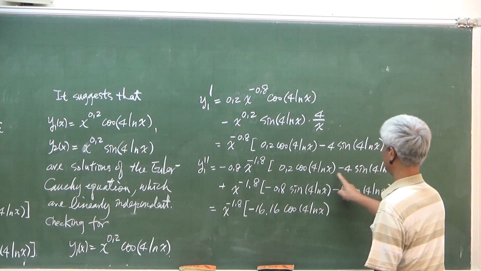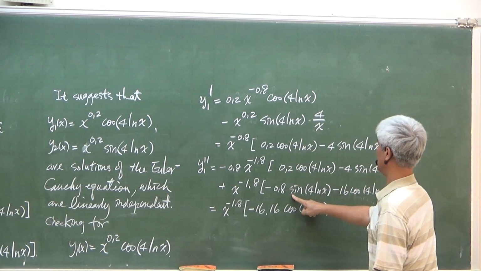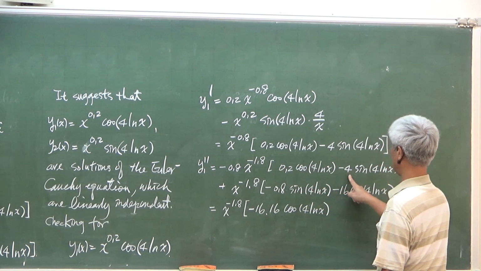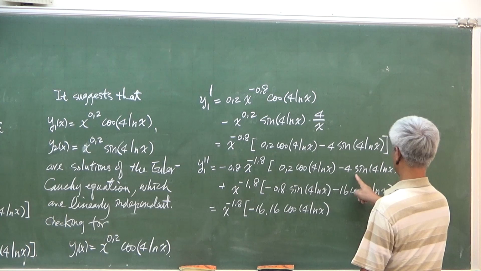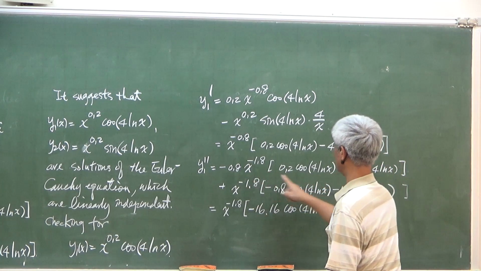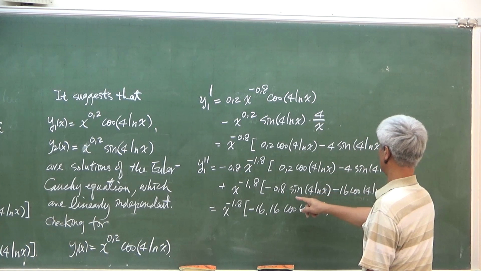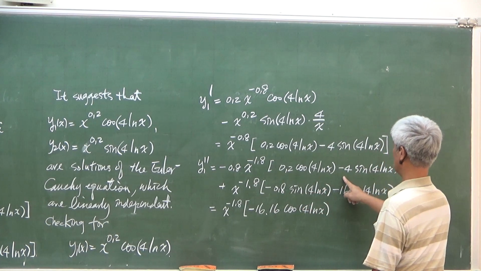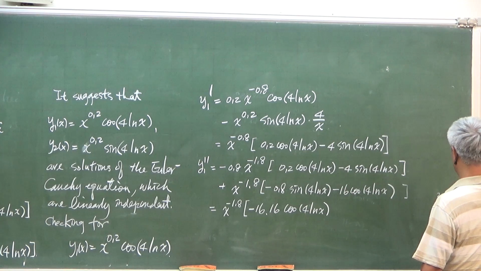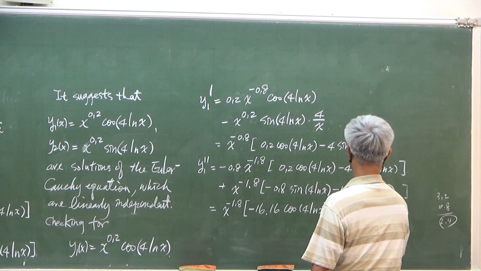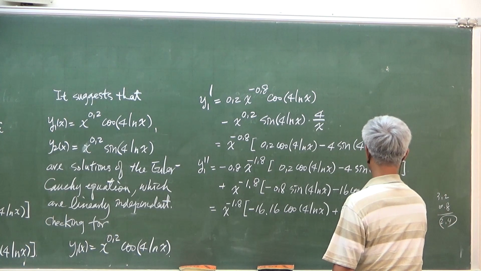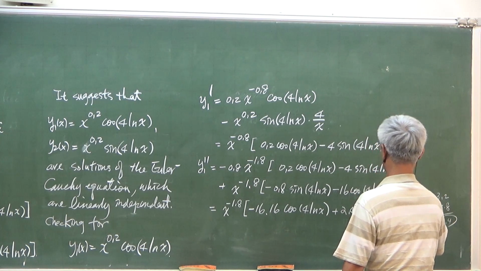And for sine, we have these two terms, so we have 3.2 and minus 2.4.